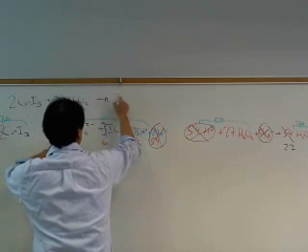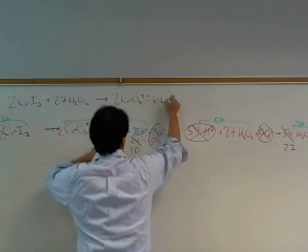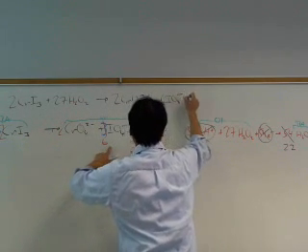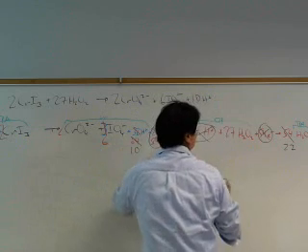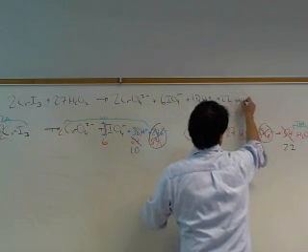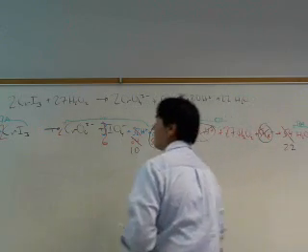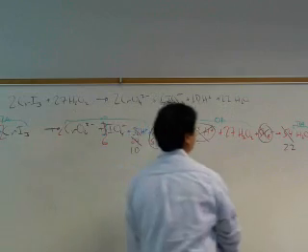This goes to 2CrO4 2 minus plus 6IO4 minus plus 10 H plus 22 H2O. I'll put in the states later. We don't have to put the states in until the end.